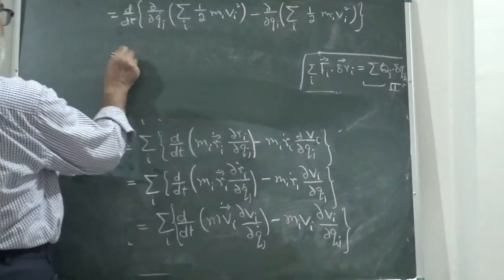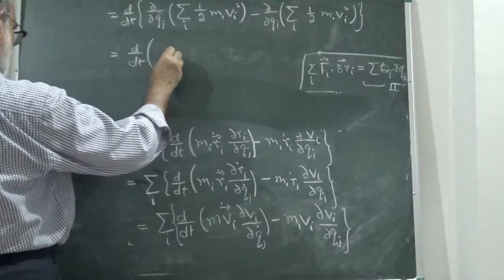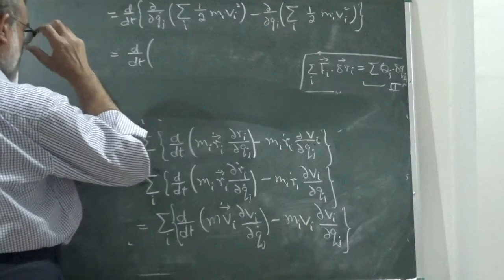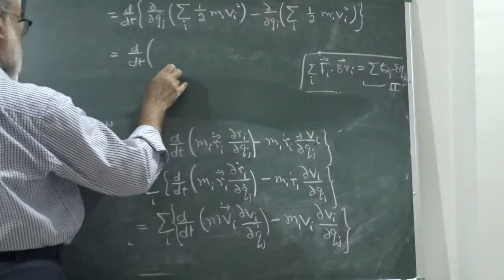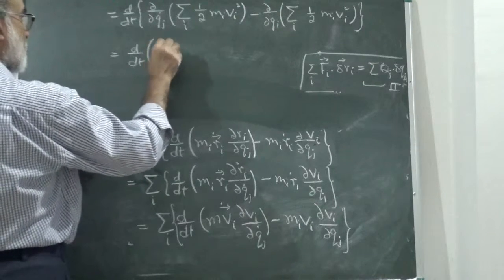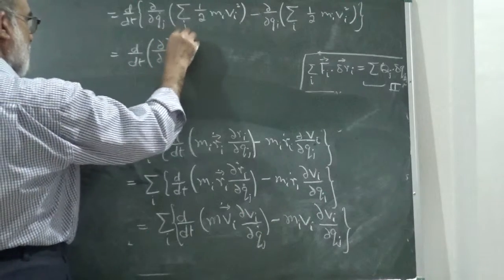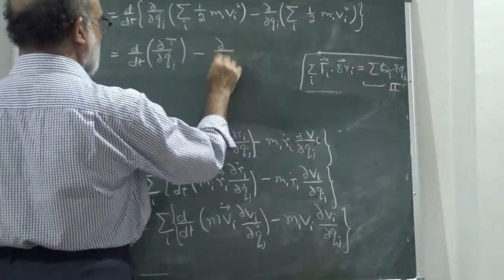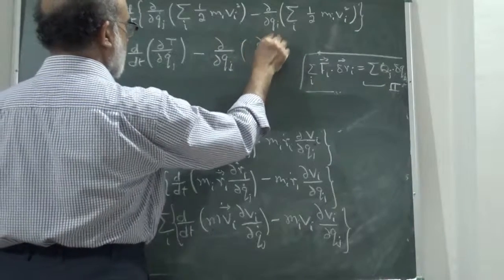Take this as d by dt. Kinetic energy, half of v square. This again minus del by delta qj. Again, total kinetic energy.